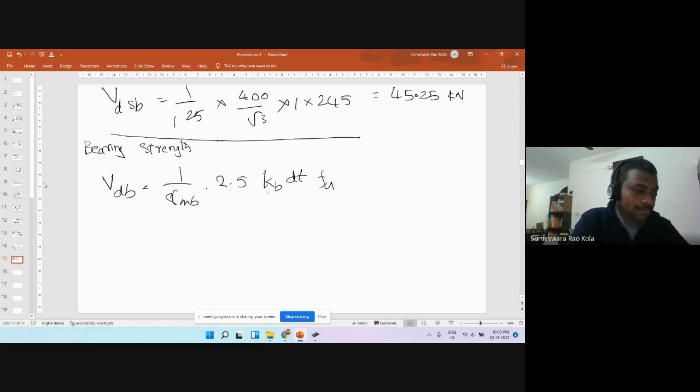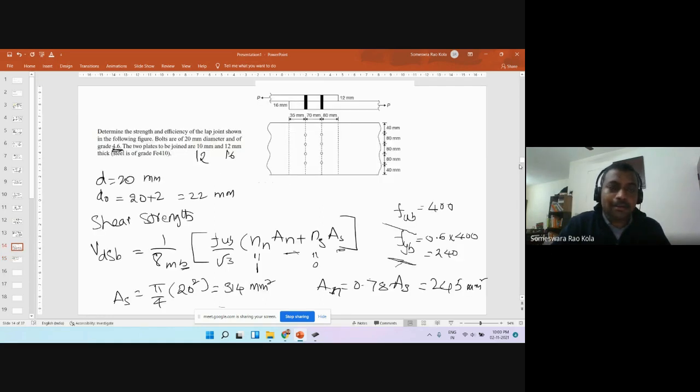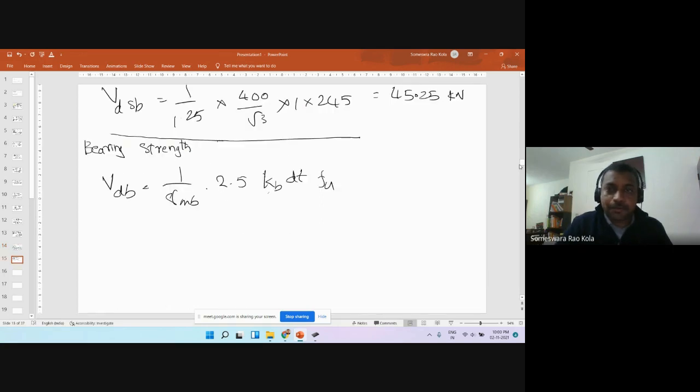Now, what is fu? If you look at the problem, the plates are E410. This is the information, so we shall take fu to be 410.